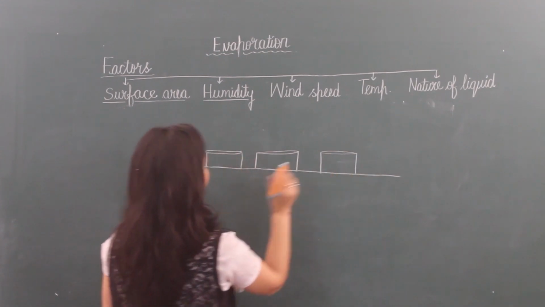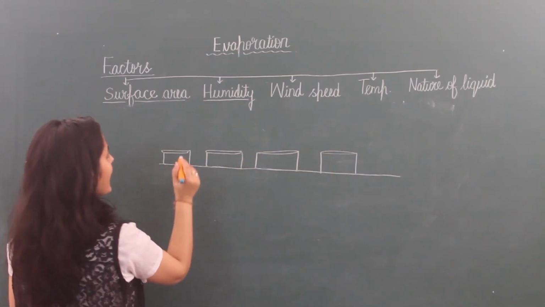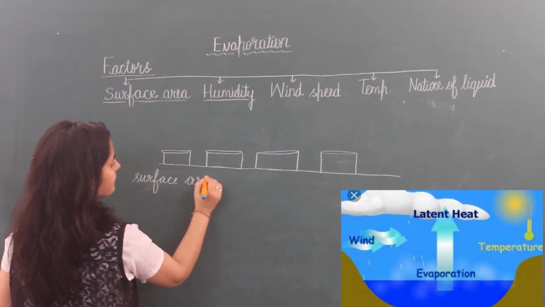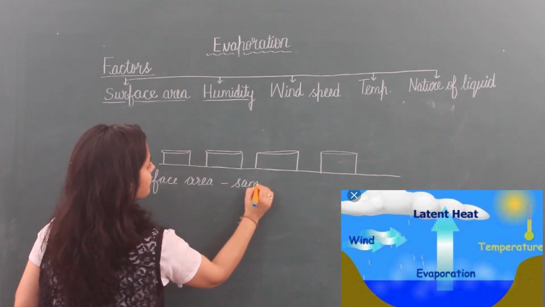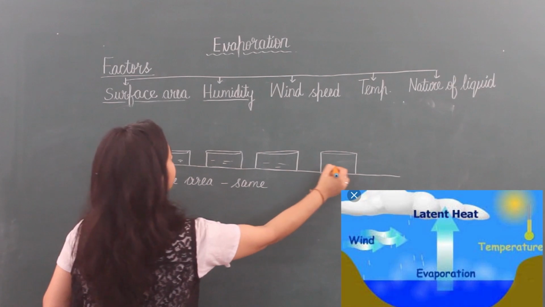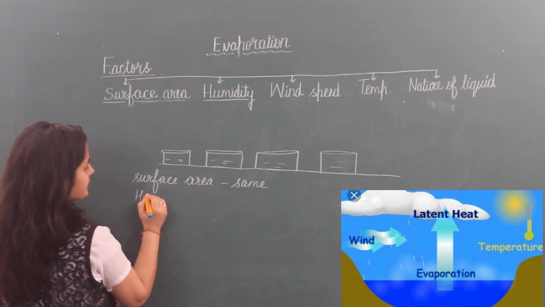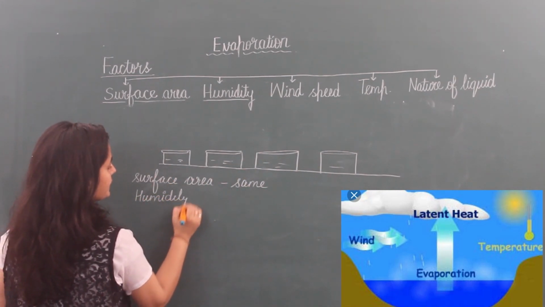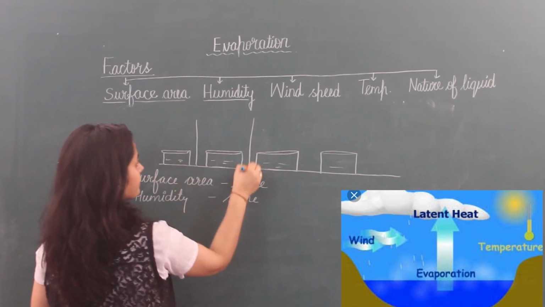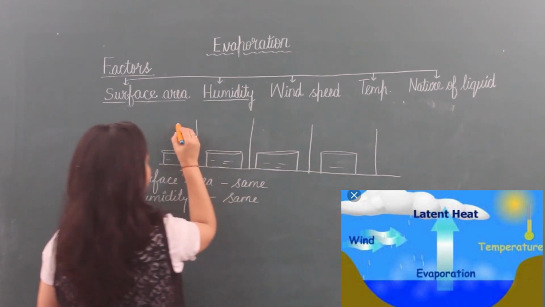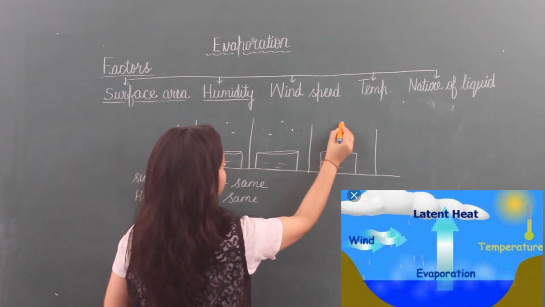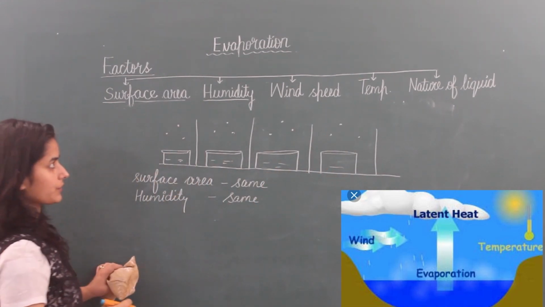Four containers I have taken here. Okay, all having the same surface area for liquid to evaporate. Humidity is the same. Everywhere humidity is the same. Say this much water vapors already present in atmosphere.